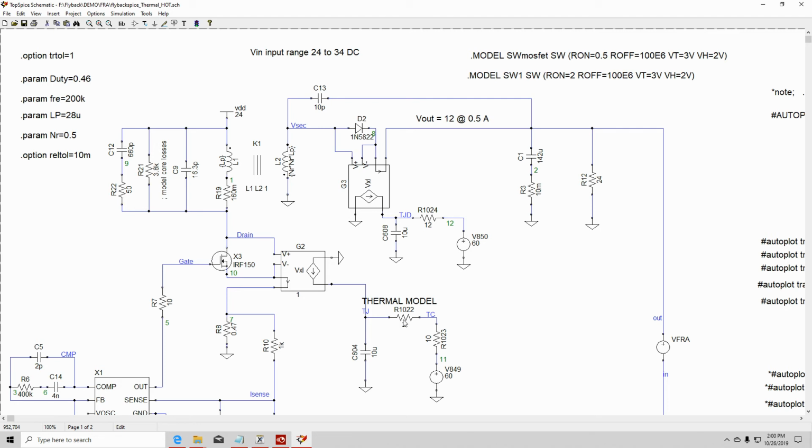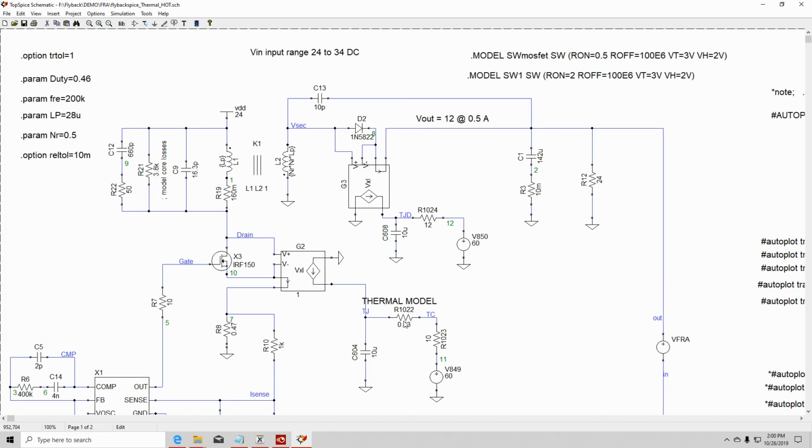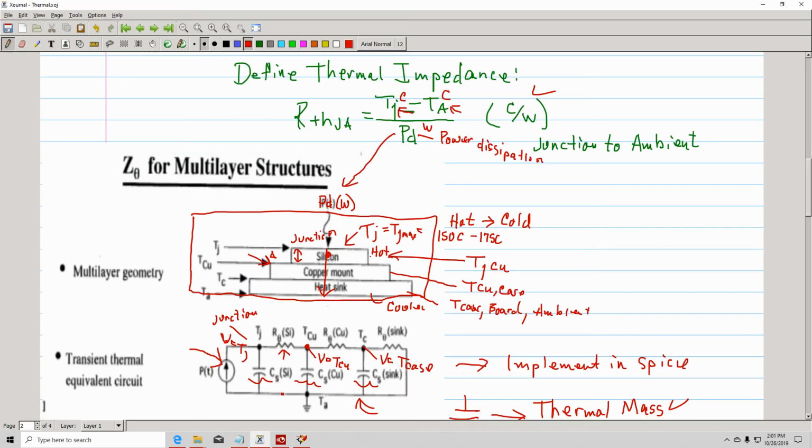Then we're going to select this. This is the theta JC, and let's change that to 0.83. So this theta JC would be that resistor.